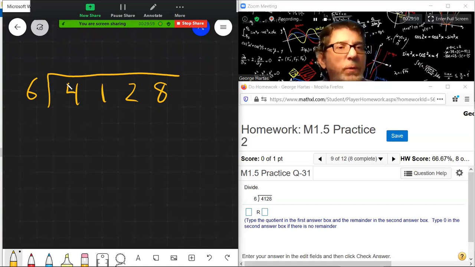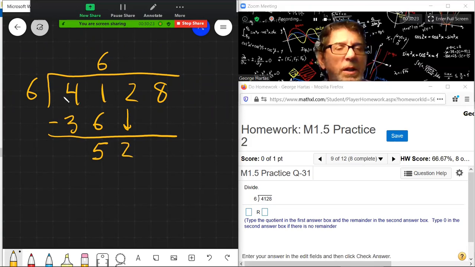6 does not divide into 4, leave it blank. 6 divides into 41 6 times over the right-hand digit. 6 times 6 is 36. Subtract these two numbers. The difference is 5. Bring down the next digit. 6 divides into 52 8 times, because 8 times 6 is 48.